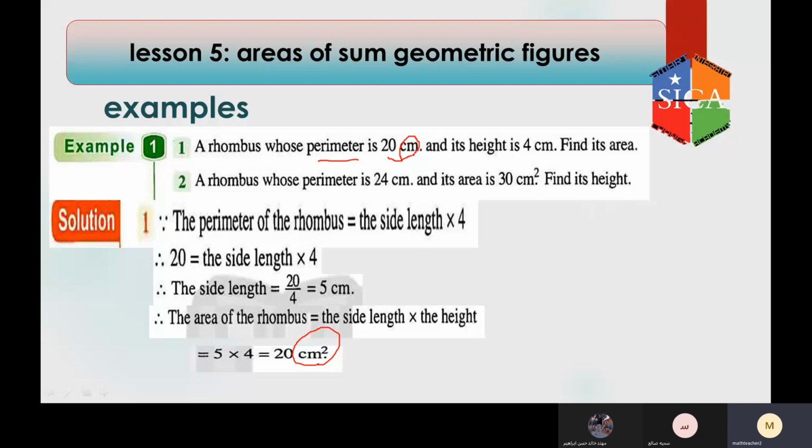Then the diameter has a unit of length, but the area has a square unit. Maybe square centimeter, square meter, square kilometer. All of these are square units which are used to measure the area.